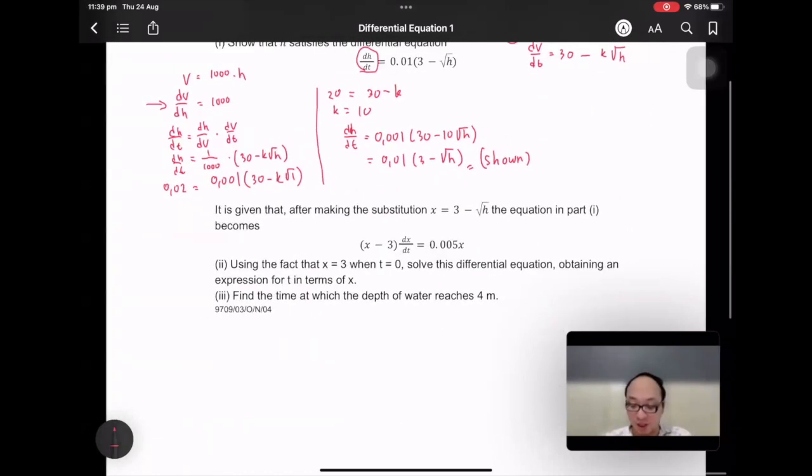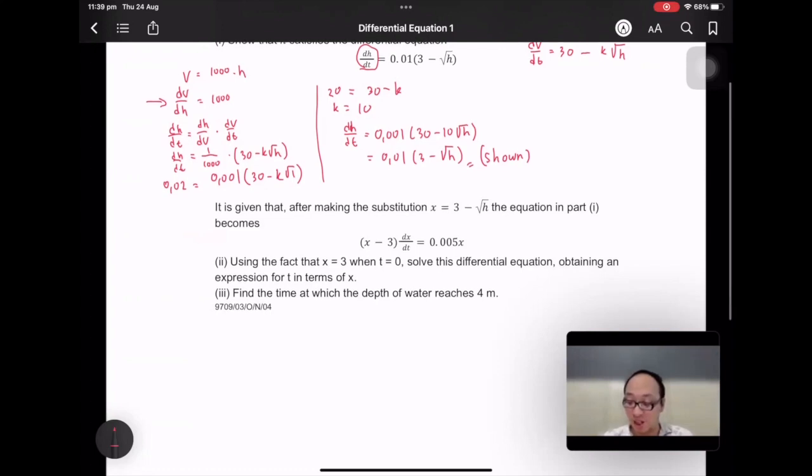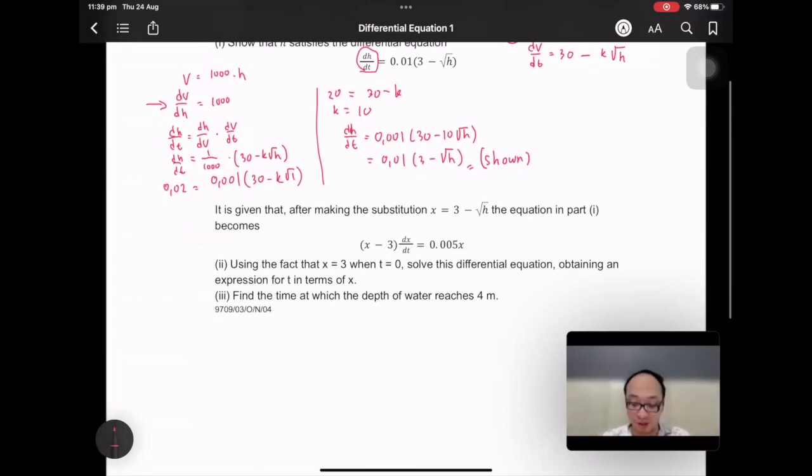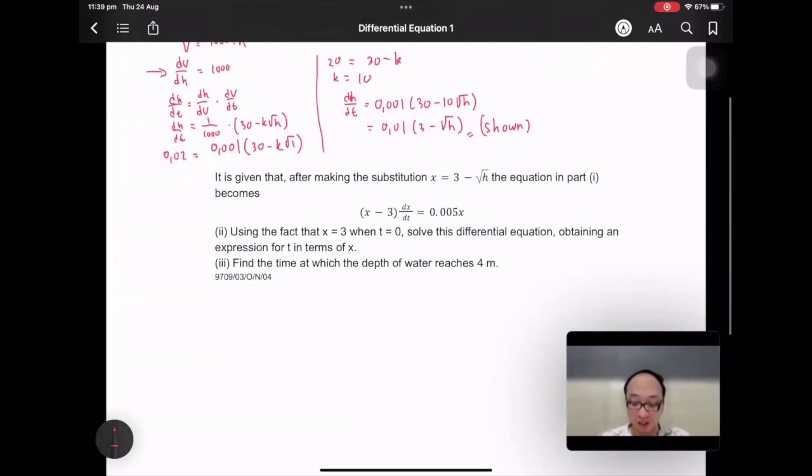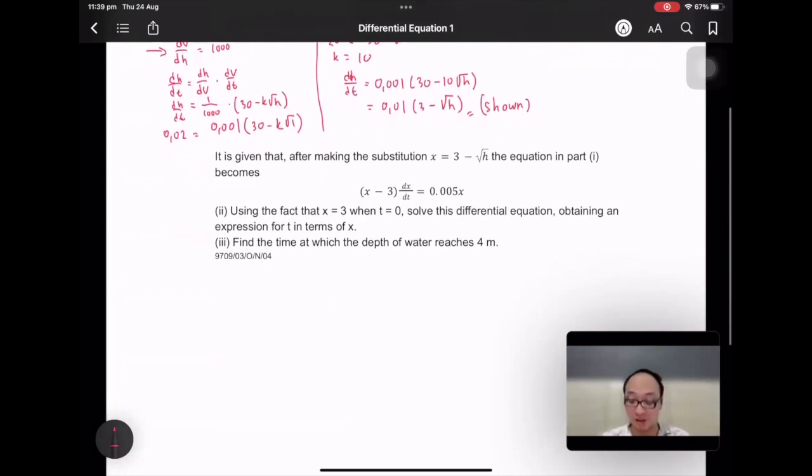Next, it is given that after making the substitution x equals 3 minus root h, the equation of part 1 becomes that one. Using the fact that x equals 3 when t equals 0, solve this differential equation, obtaining an expression for t in terms of x.